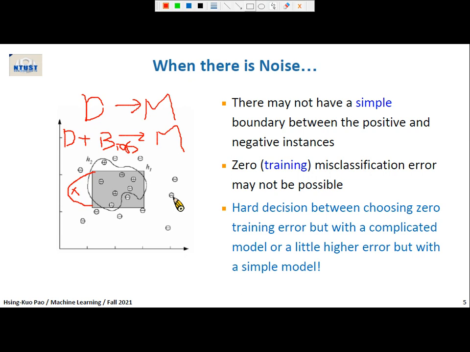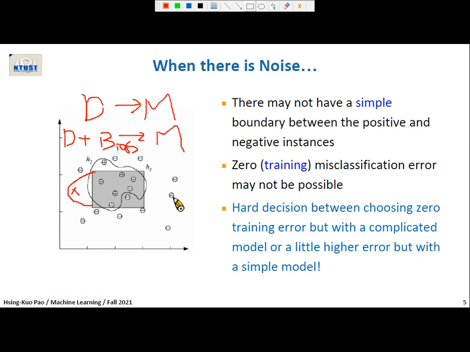Logically means that if we want to go from data to the model, we usually call that induction. Induction is not a logical procedure, because everybody can have different hypotheses, different models, based on the same piece of data.